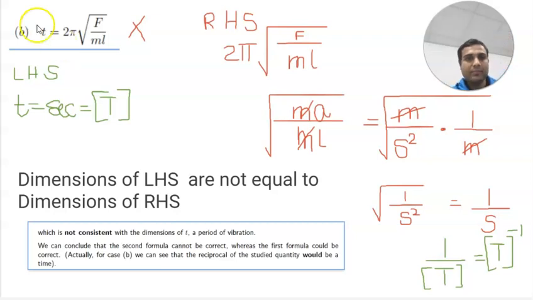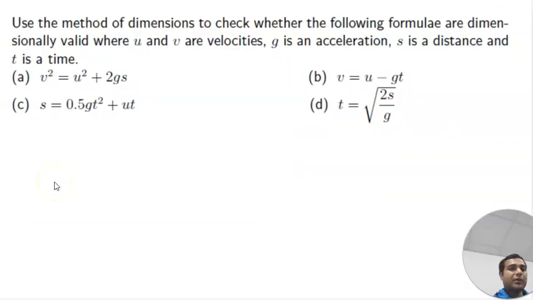Yep. Now let's say in a question we got different formulas. We want to use the method of dimensions, length, mass, time, MLT, to find out whether the following formulas are dimensionally valid or invalid.